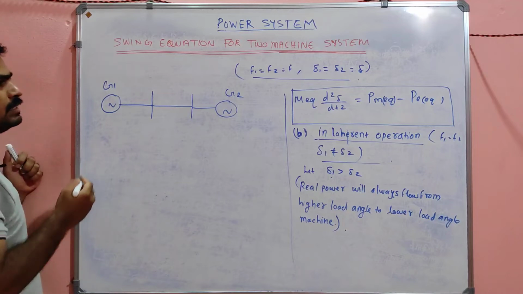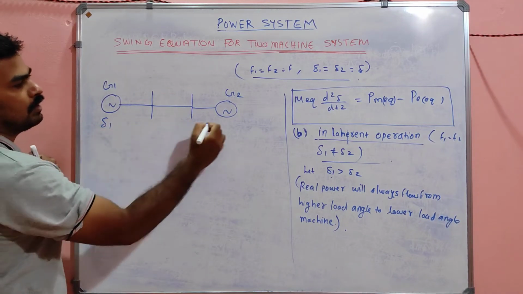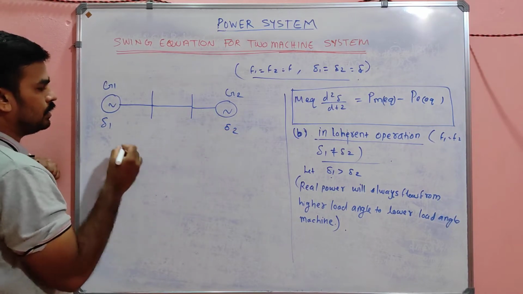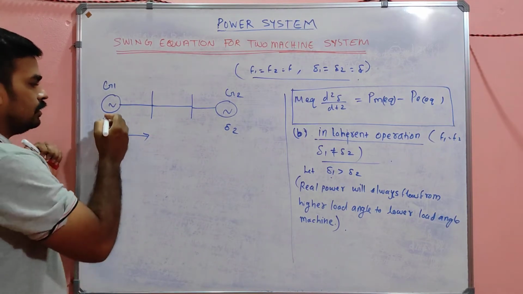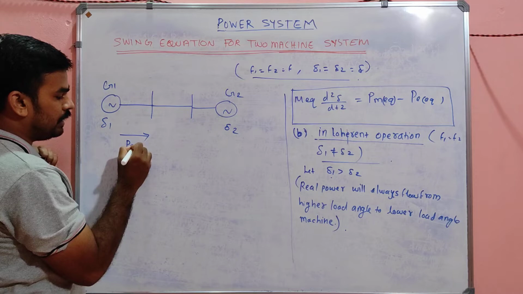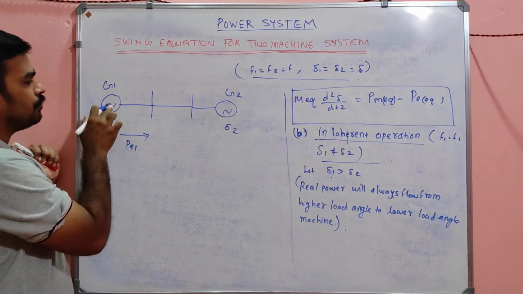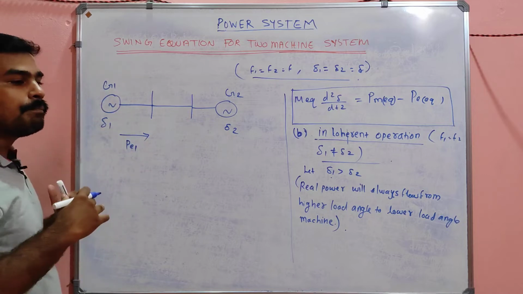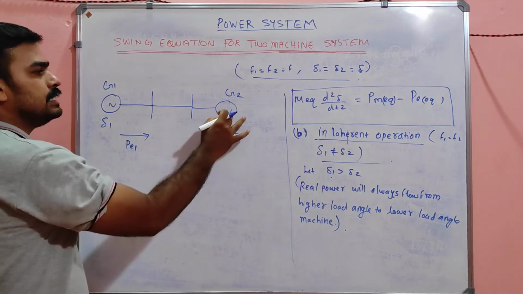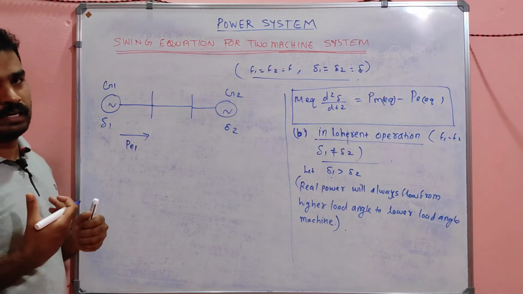So del 1 and del 2. Okay, so what happened? Del 1 is greater than del 2, which means the electrical or real power produced by P1 will flow from this to this one. That means generator 1 will be a power delivering device, and generator 2 will be a power absorbing device.